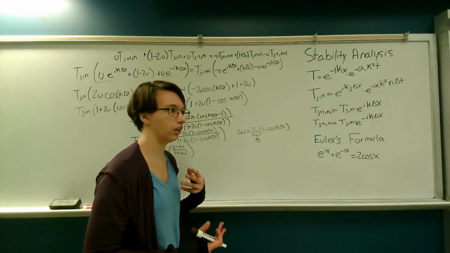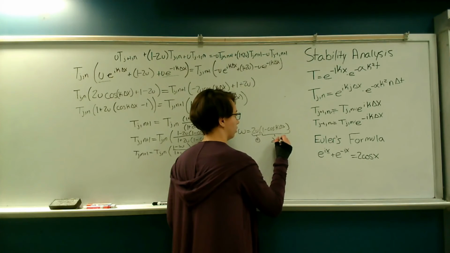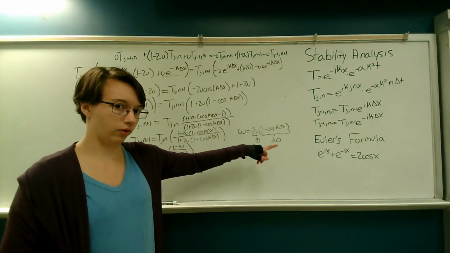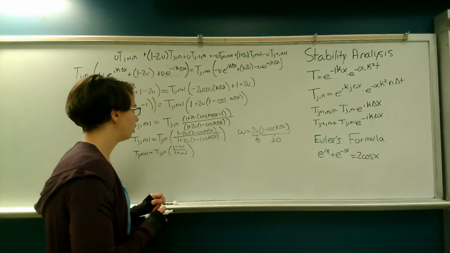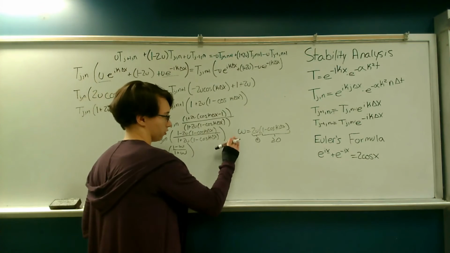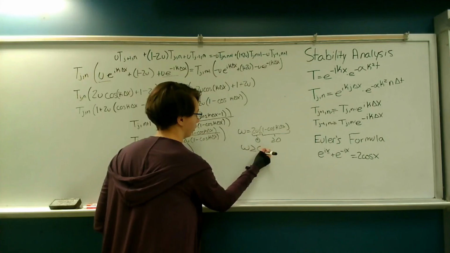So it's always going to be greater than or equal to 0. So it's never going to be negative, always a positive number. So then, because it'll be multiplied by a positive, W will always be greater than or equal to 0.